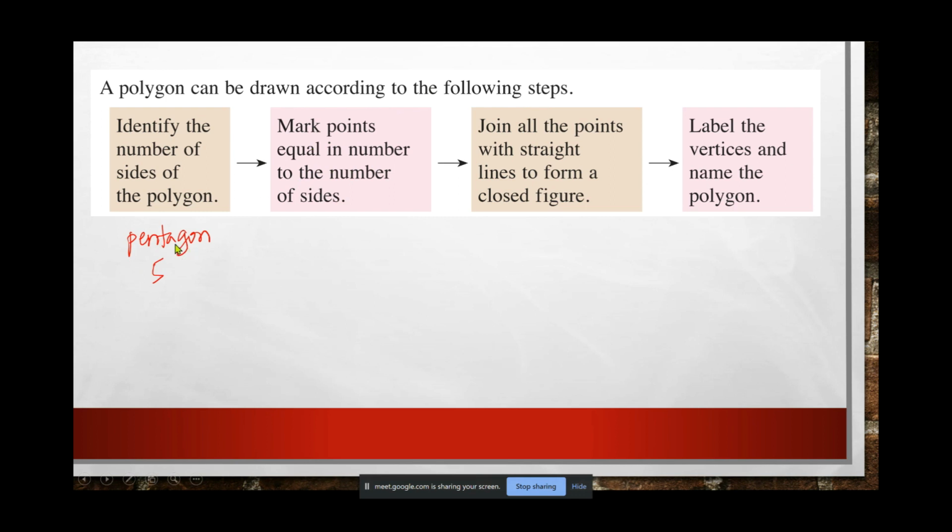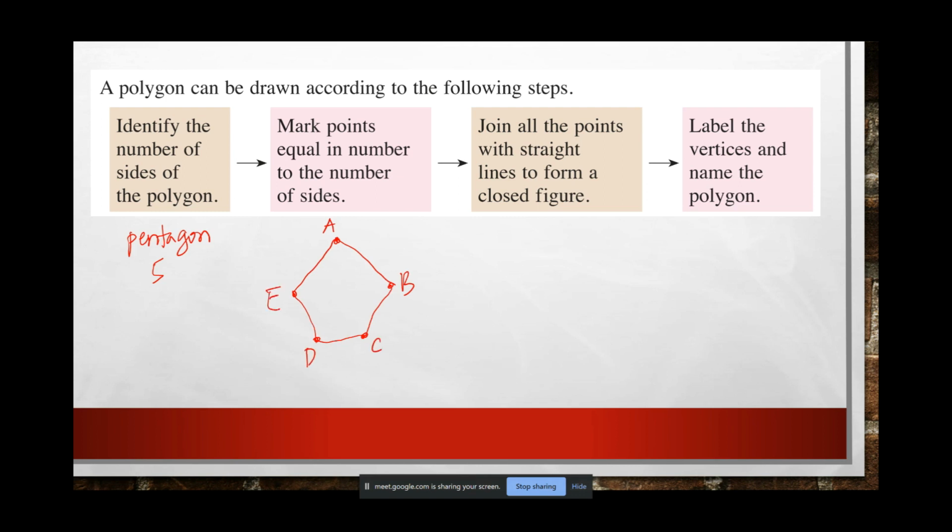Next step, join all the points with straight lines to form a closed figure. Then you label the vertices and name the polygon. Labelling is very simple. We just label it A, B, C, D, E in sequence. You can label it either clockwise or anti-clockwise, up to you.